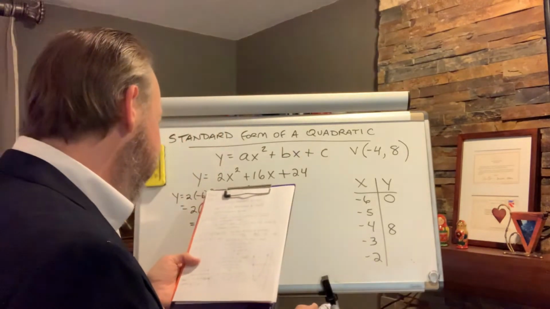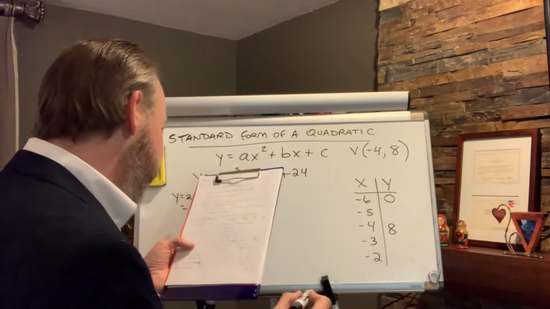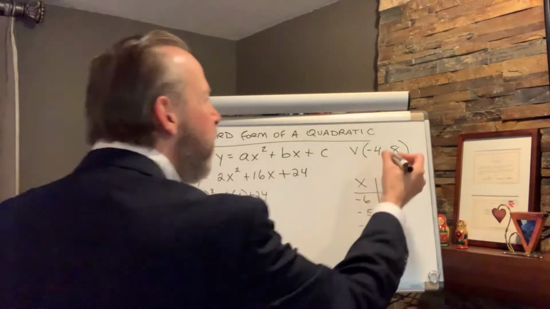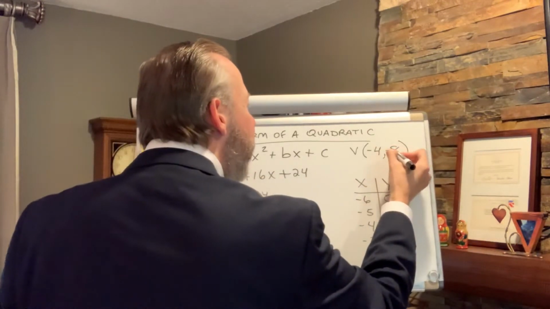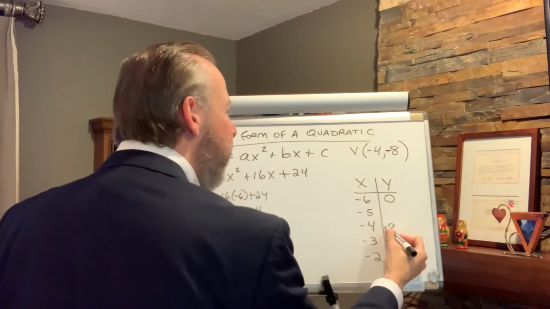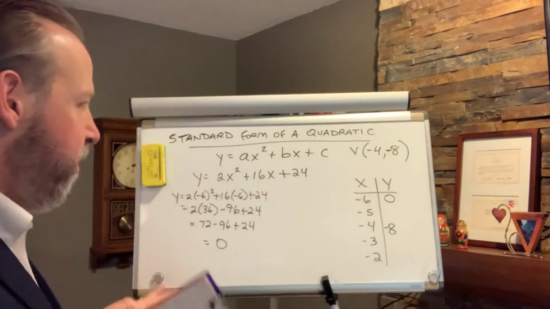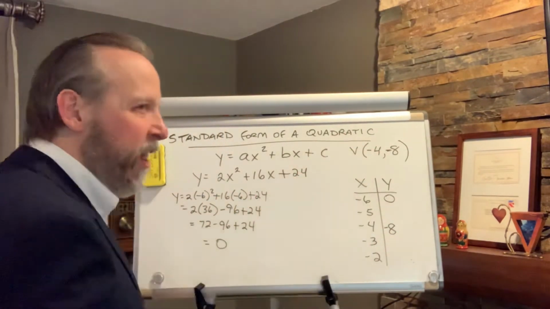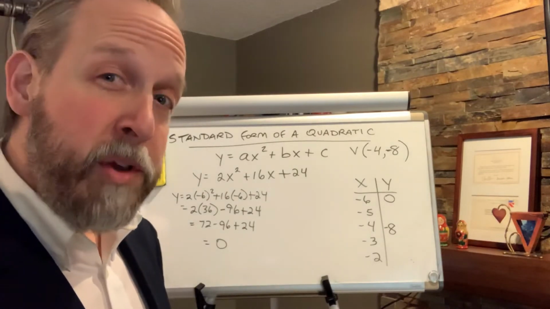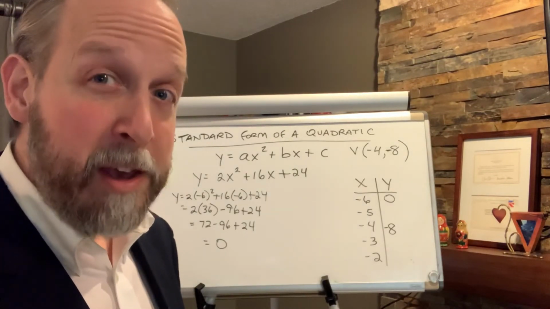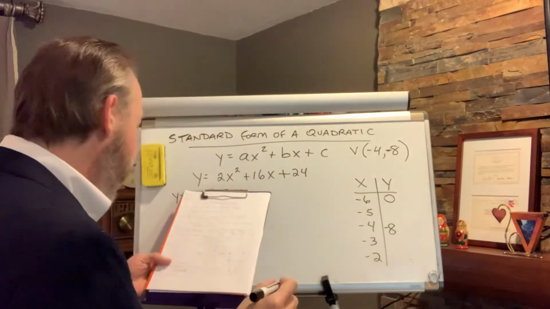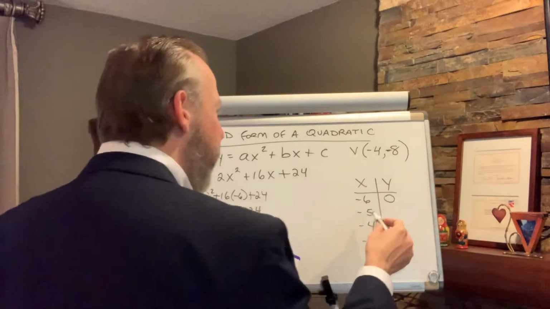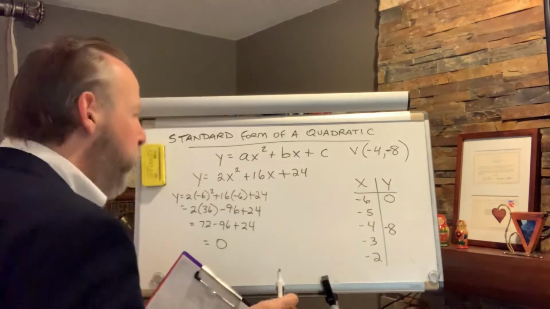But I believe that was supposed to have been a negative 8. Yep. That was my error. I realize that now. Nothing's wrong with this. It's still a 0. But that was supposed to have been a negative 8. If you got a negative 8 and you were questioning yourself, well, pat yourself on the back. You were right.